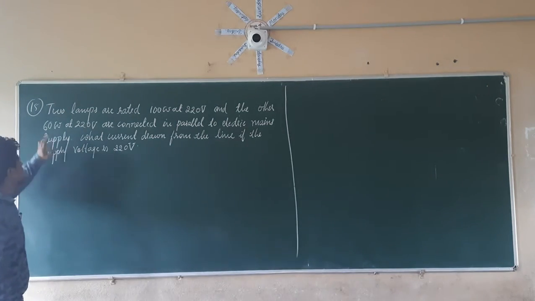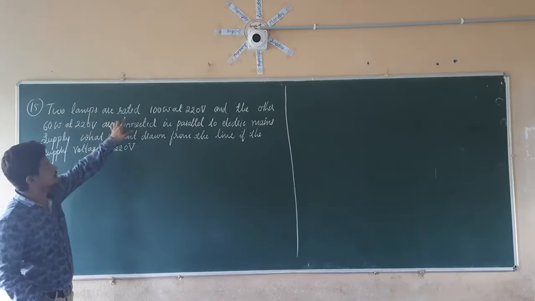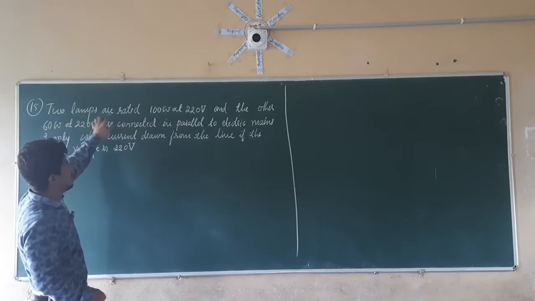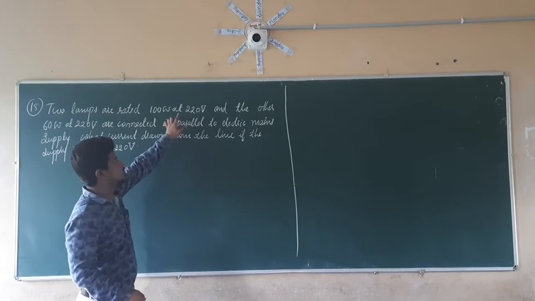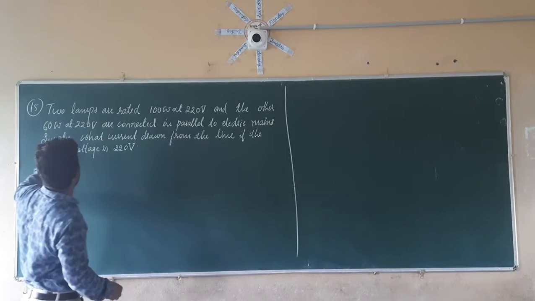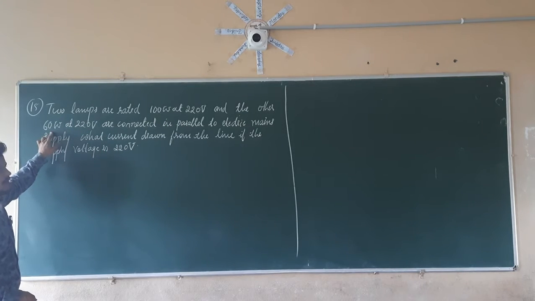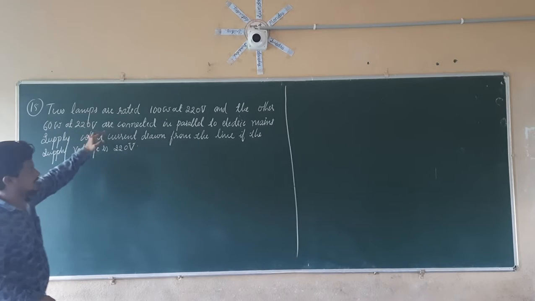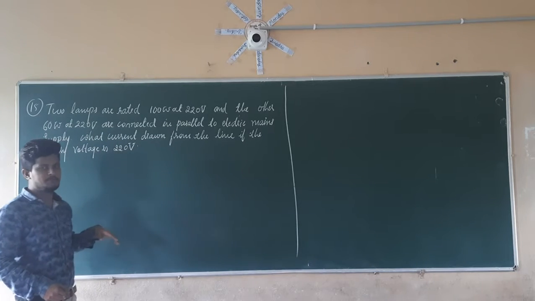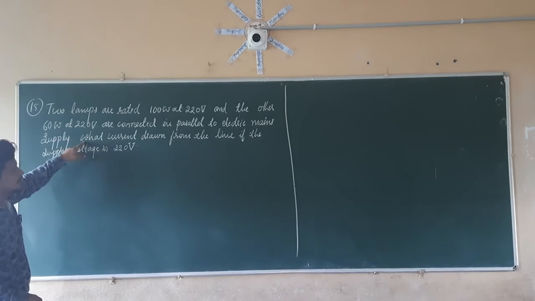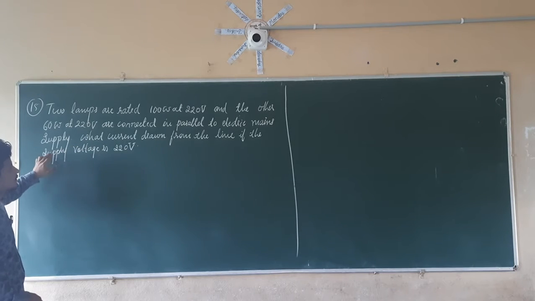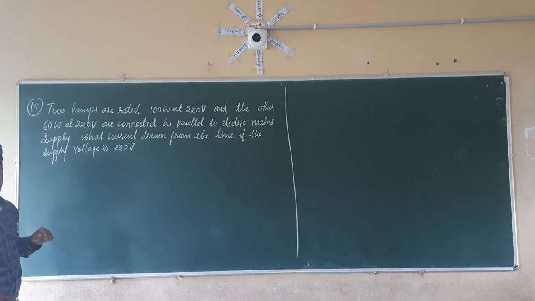Two lamps rated 100 watt and 220 volt, and the other lamp rated 60 watt at 220 volt, are connected in parallel to an electric mains supply. What current is drawn from the line if the supply voltage is equal to 220 volts?